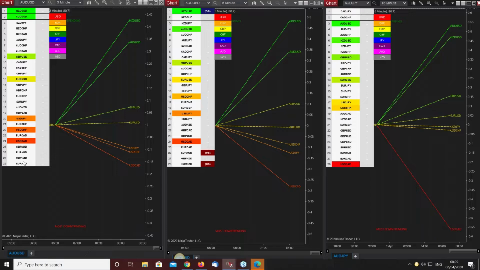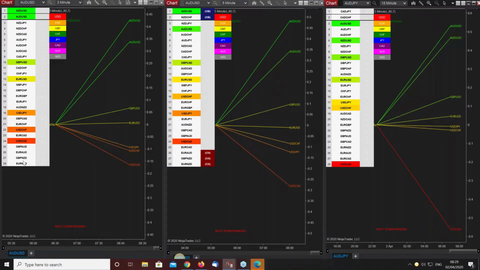If you think of currency flows as the torrent of a river, you clearly want to be trading with the torrent. You don't want to be paddling against it. That's not to say you can't, but first of all, the risk is much higher because you're not trading with the universal flow. And secondly, the probability is that at some point it's going to reverse very quickly against you.